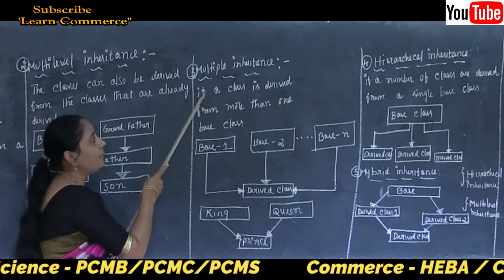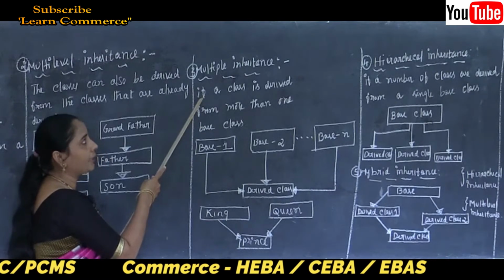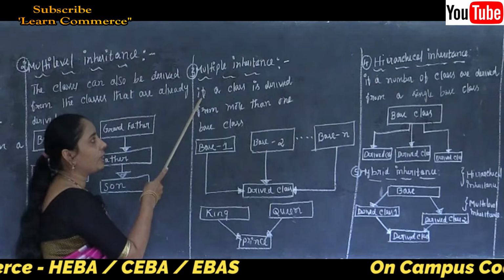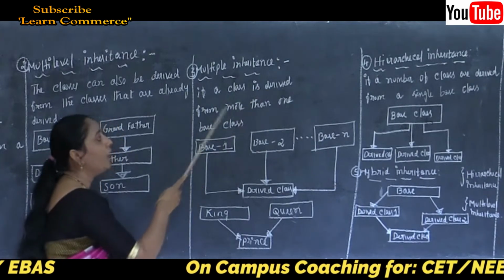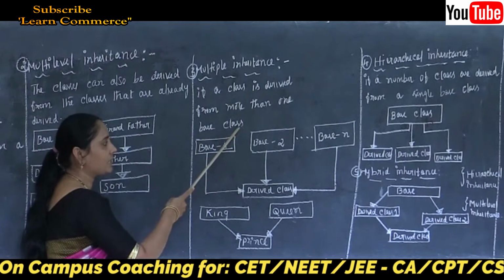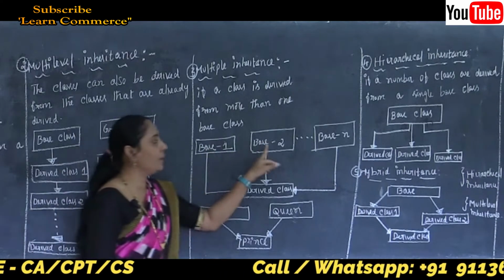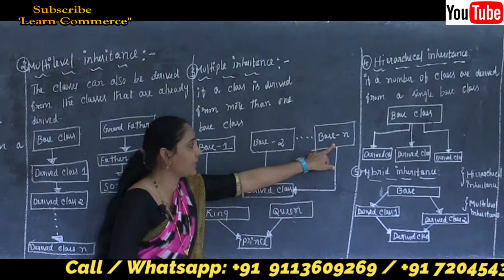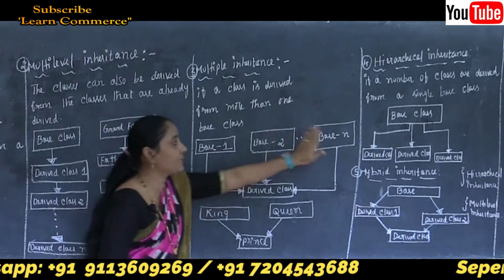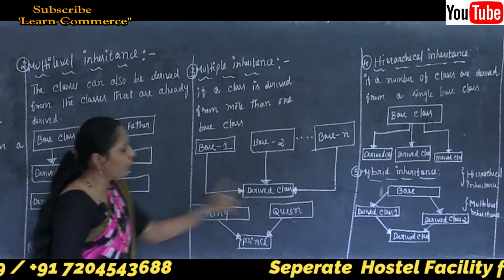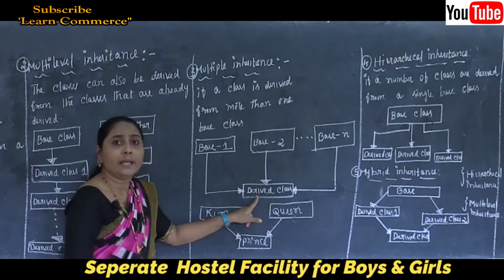The meaning of multiple inheritance is that a class is derived from more than one base class. Now how many base classes are there? Base class 1, base class 2, base class 3. By using 3 base classes we construct one new class, that is the derived class.